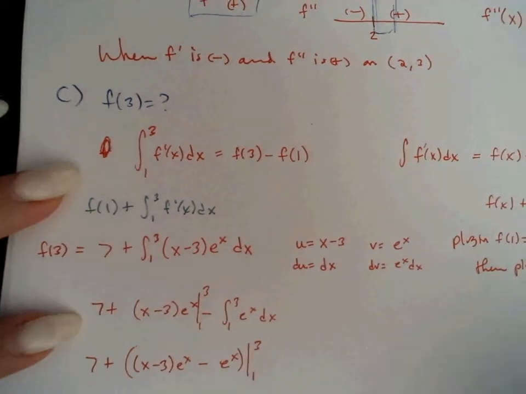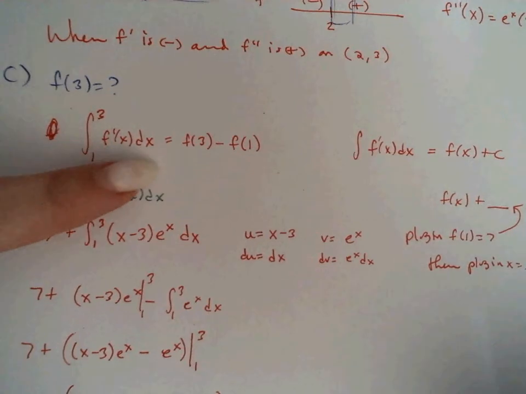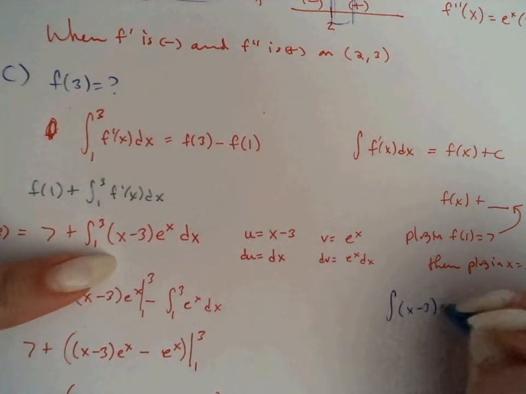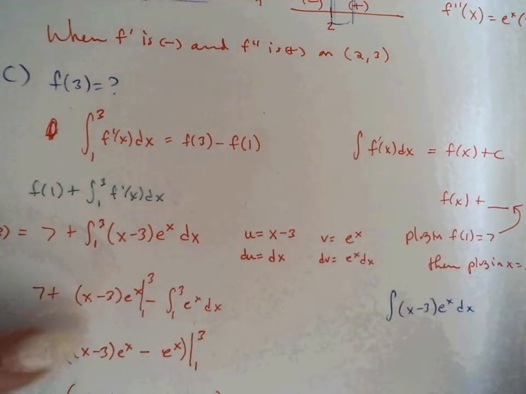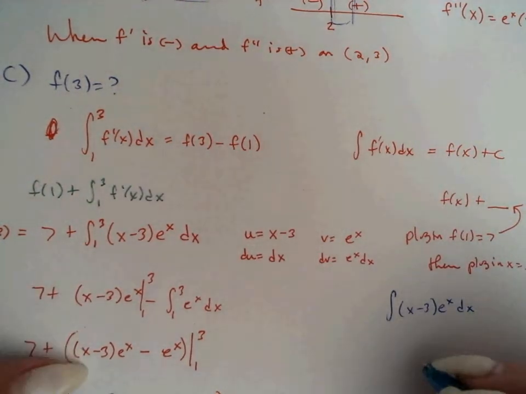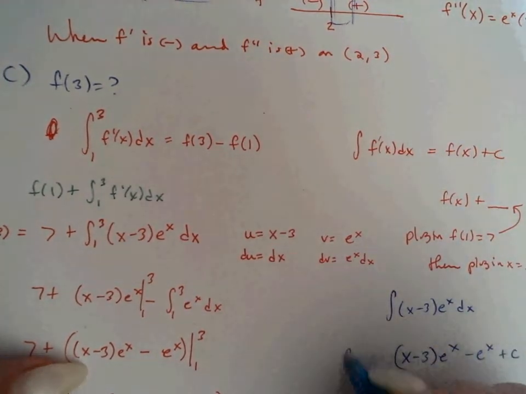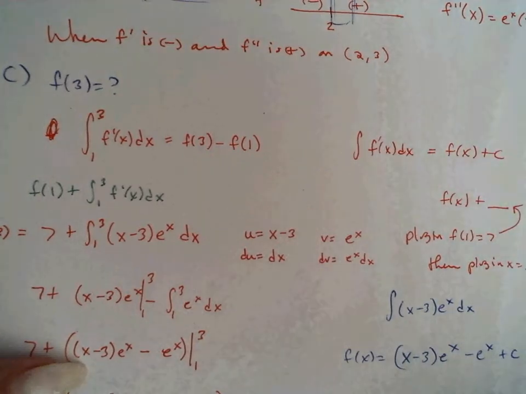Kind of want to play with it over here. If I just said find the antiderivative of (x minus 3) e to the x dx, we would have gotten this whole (x minus 3) e to the x minus e to the x plus c. So we would say f of x equals this.